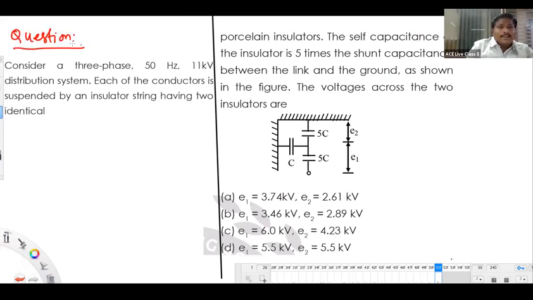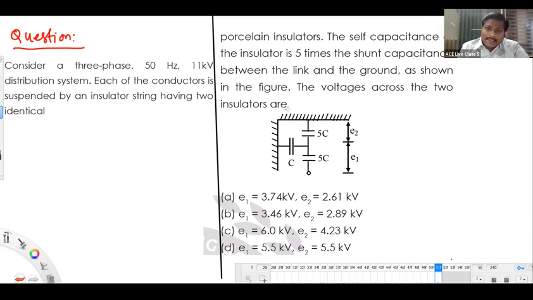Consider a 3-phase 50 Hz 11 kV distribution system. Each of the conductors is suspended by an insulated string having 2 identical porcelain insulators like this. The self capacitance of the insulator is 5 times that of the shunt capacitance, as shown in the figure.